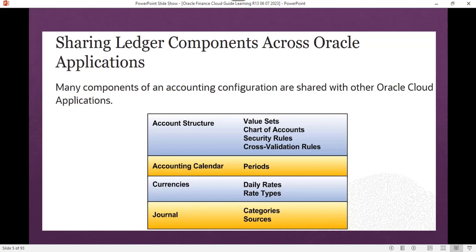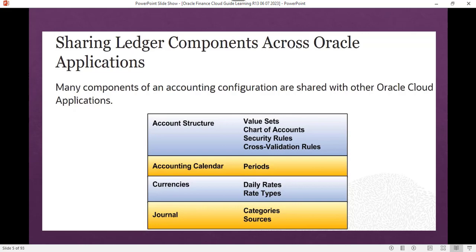We have also security rules which can be set up to restrict users' access to certain segment values. And then we also have cross-validation rules, which are another type of security rule that will make sure that everyone is entering what you consider to be valid account code combinations.